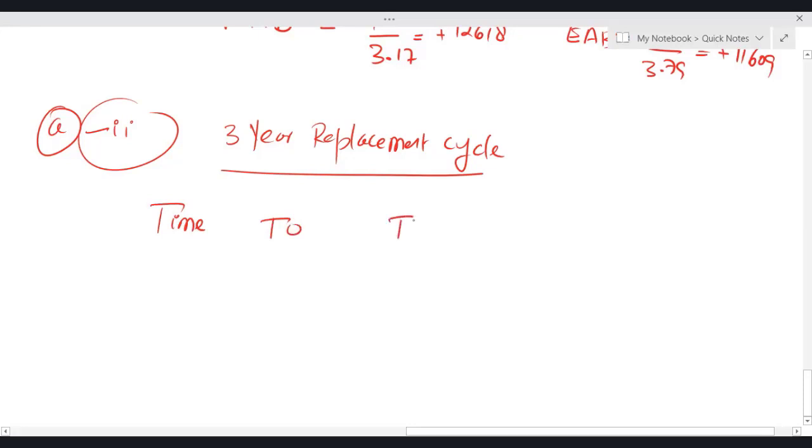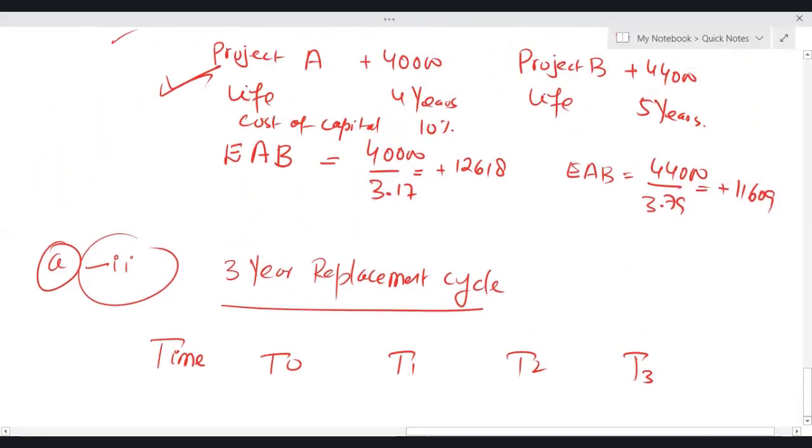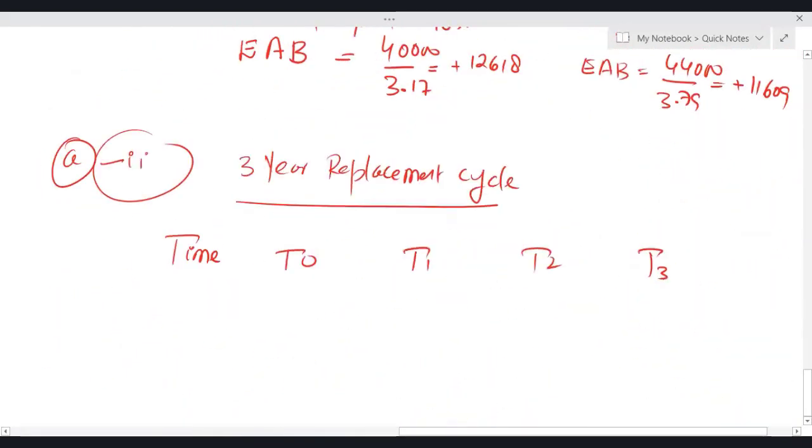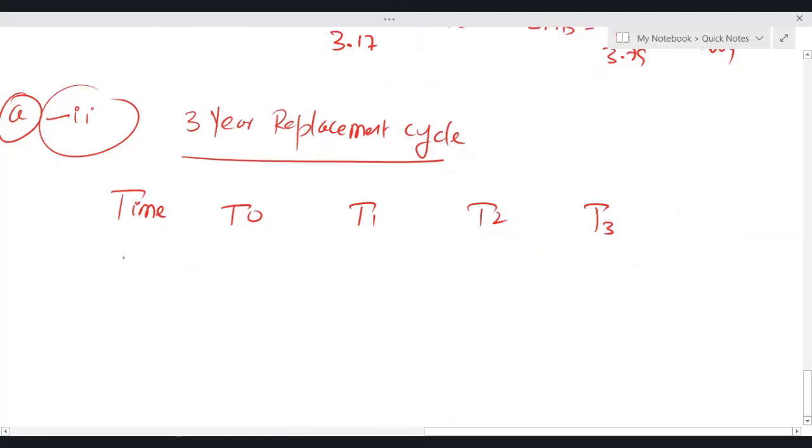T0, T1, T2, T3. We need to buy, so the initial investment is 1,60,000, if I'm not wrong.